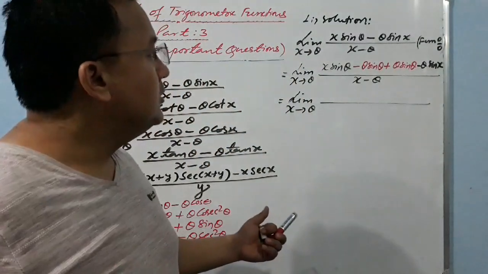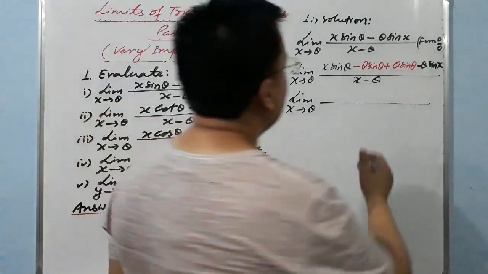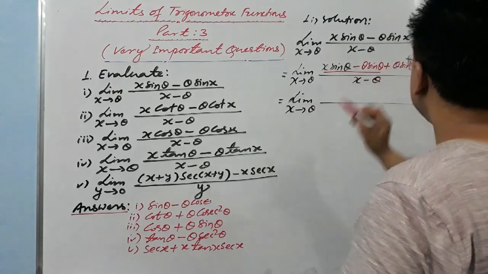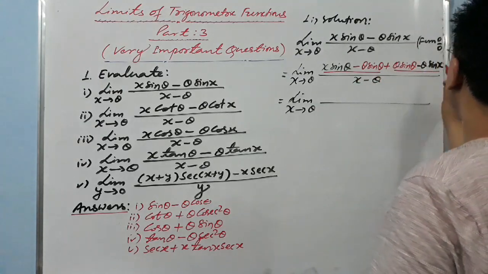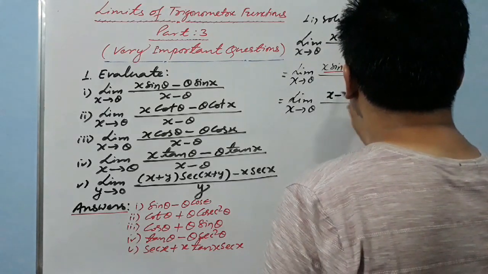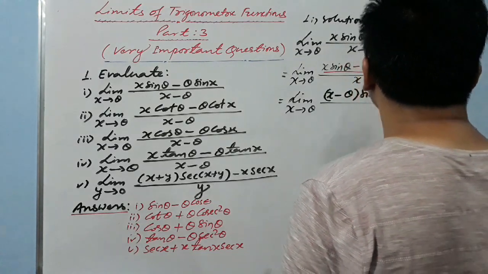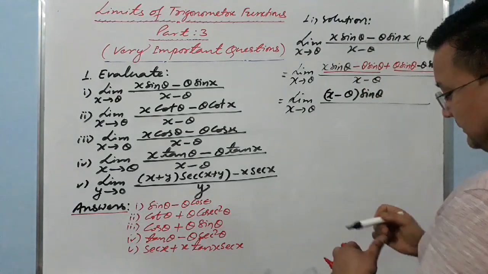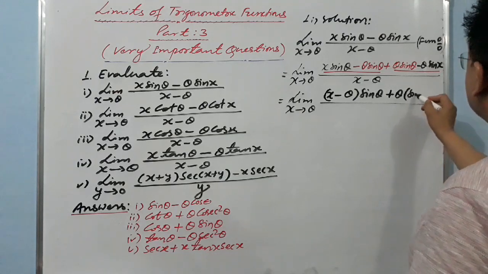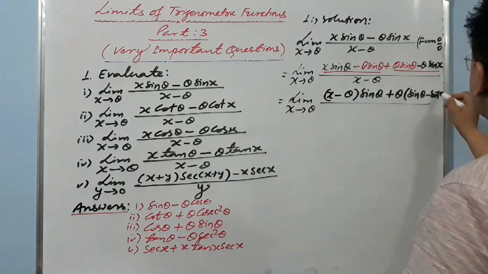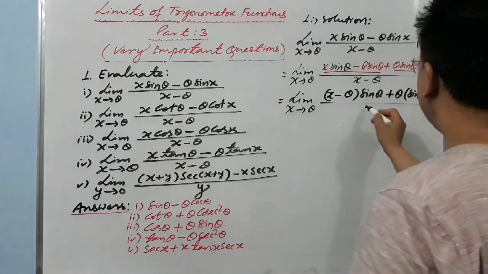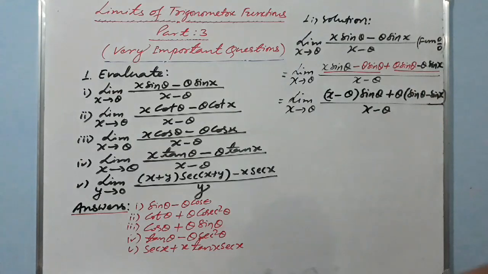In the numerator, take common x minus theta and sin theta, and here take theta common, so inside the bracket you have sin theta minus sin x, over x minus theta. Now clear?